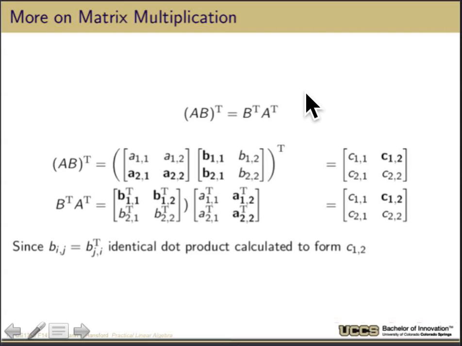To prove that it's true, you would show it algebraically: write out what C1 looks like, work this out, and show that C11, C12, C21, and C22 are all the same. It's not hard to show, it's just a little bit cumbersome to write out.